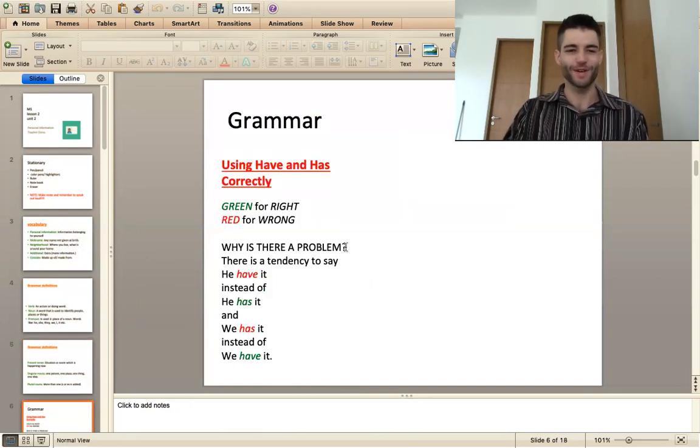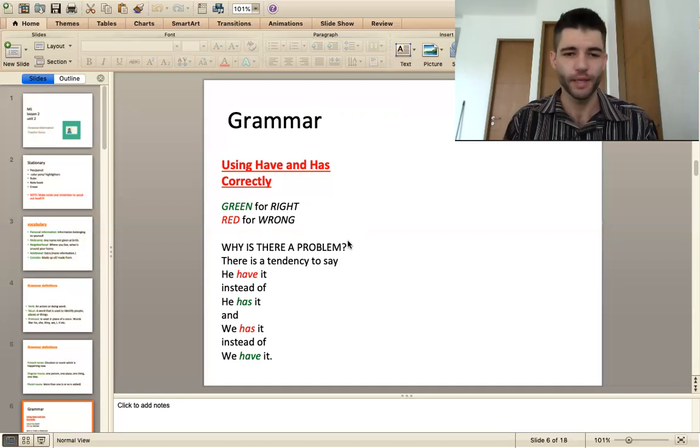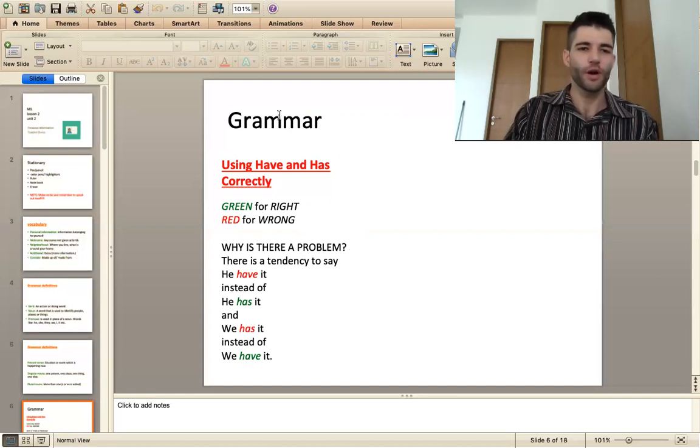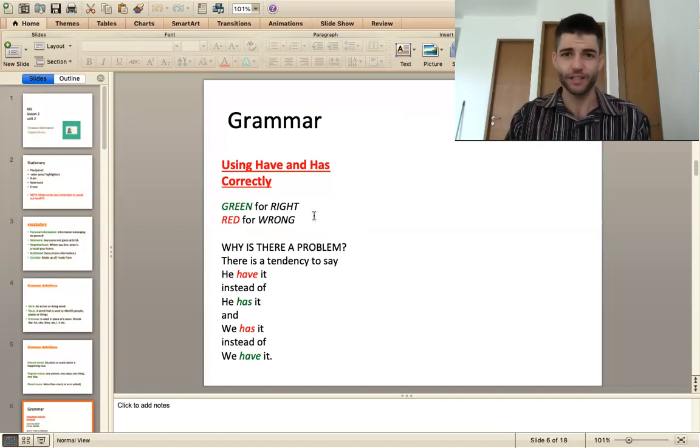So let's keep going. Today's grammar that we're going to quickly look at is using the words have and has correctly. Many people don't know how to use have and has, but it's quite easy.